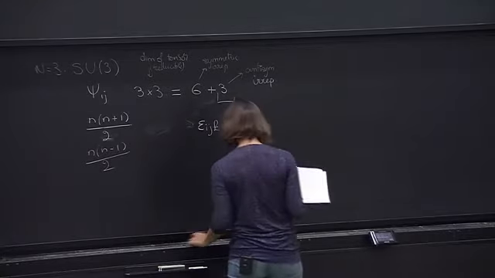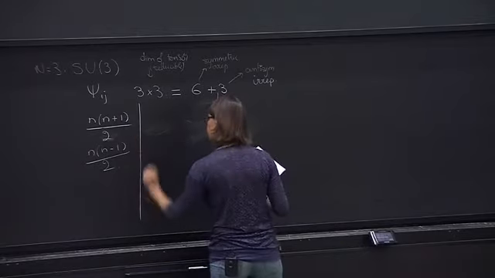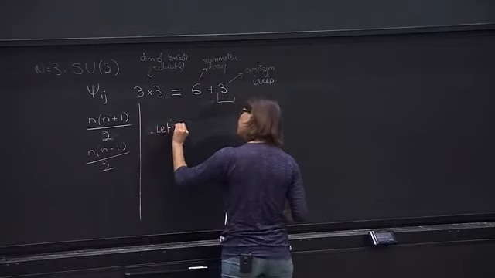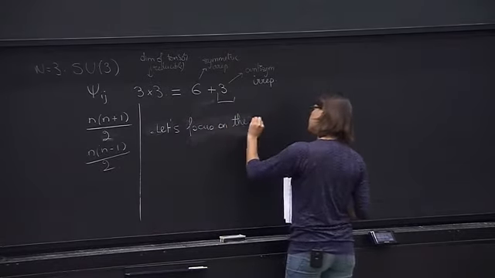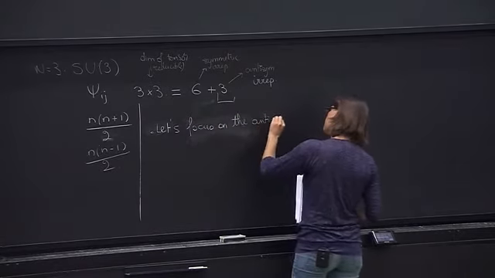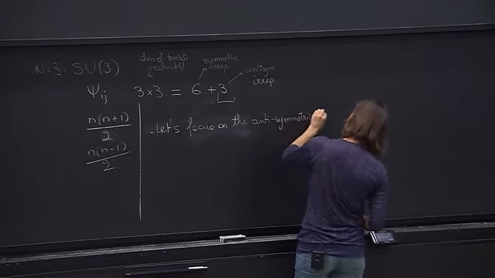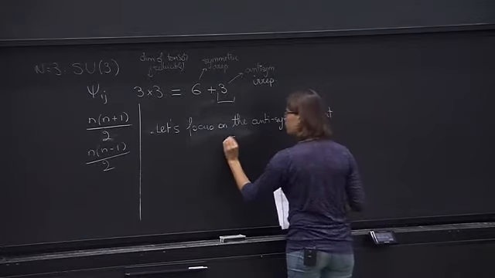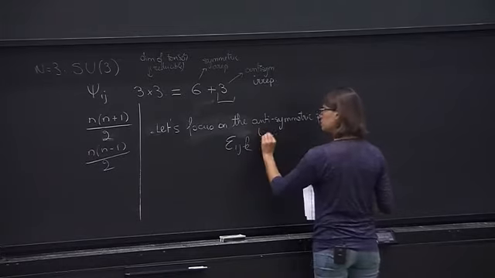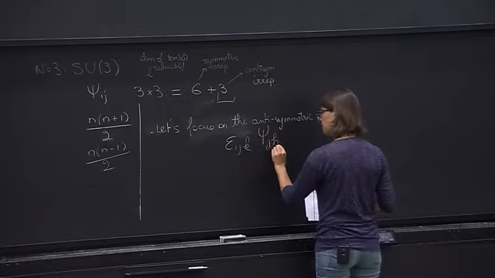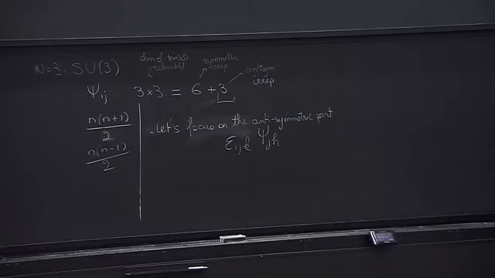So let's write it explicitly, otherwise you're going to get lost. Everyone agrees that I can have access to the antisymmetric part just by looking at this combination, where epsilon ijk is a Levi-Civita symbol, totally antisymmetric.